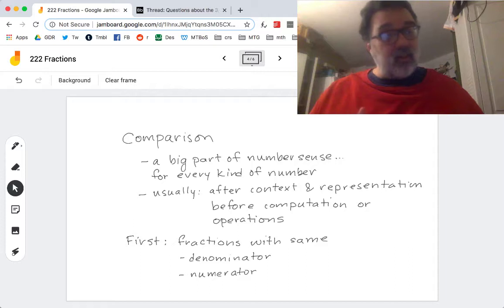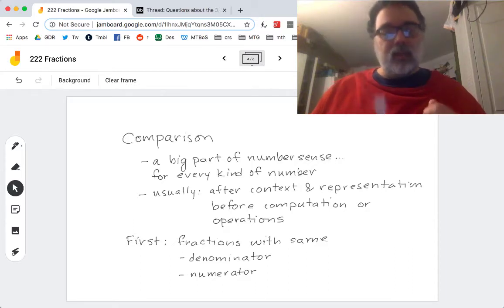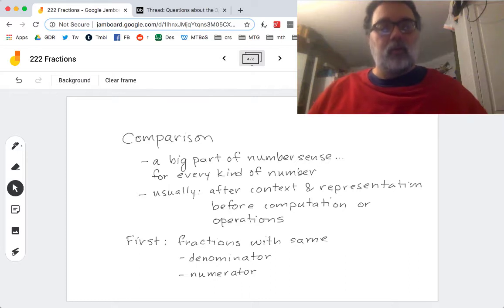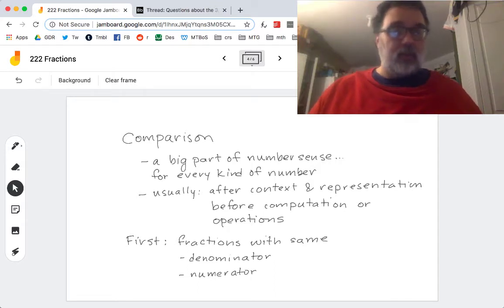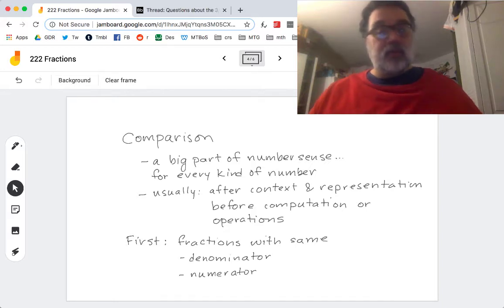And with fractions, it's more complicated, right? Once we get the basic ideas of whole numbers, it becomes very easy to compare them, although some of that is because we've forgotten when it was difficult. But usually, as we start to think about comparison, that means we've already thought about the numbers in context and how to represent the numbers, probably in a variety of ways.